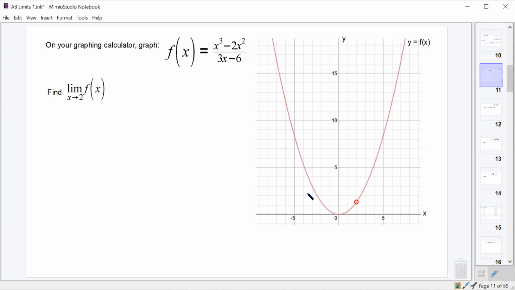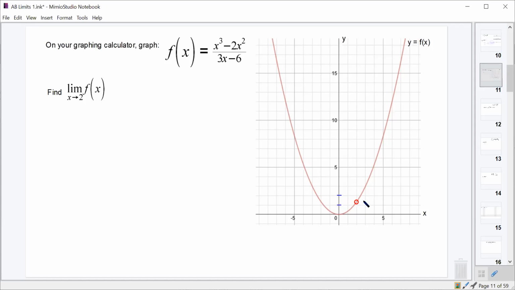So anybody have a good guess on what that limit is at x equals 2? Limit is just 2. As x approaches 2, it looks like 2. I think it's between 1 and 2, isn't it? I mean, there's 1, and there's 2. Wait, Nick, you're talking about the wall. Yeah, we're always going to talk about the y value. Like, what is the y value of the function?